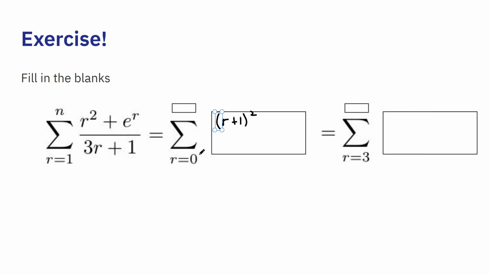Now we're starting from 0. So in order to get the same term, we have to add 1 to our r. Okay, and instead of reaching n, we will only be reaching n minus 1 because we are covering the same n terms. And the last term, which will be n squared, is now n minus 1 plus 1 squared, which is n squared. So all we have to do is substitute all the r's with r plus 1.